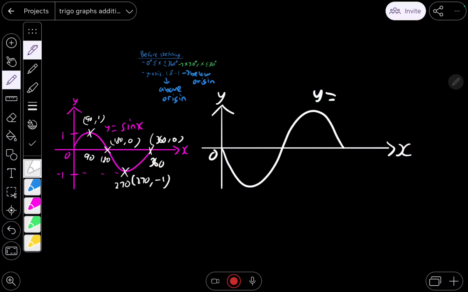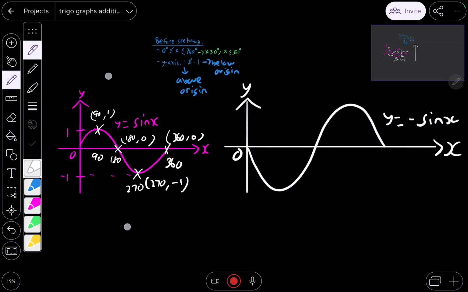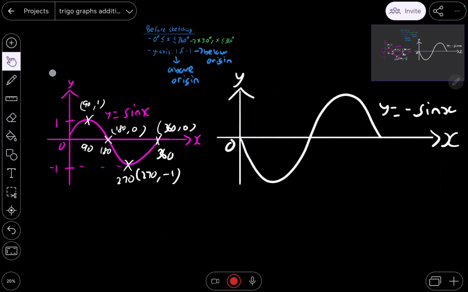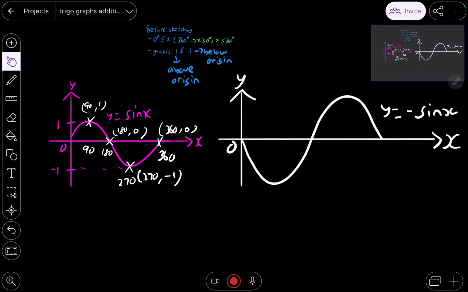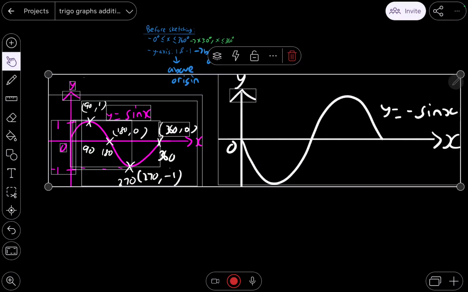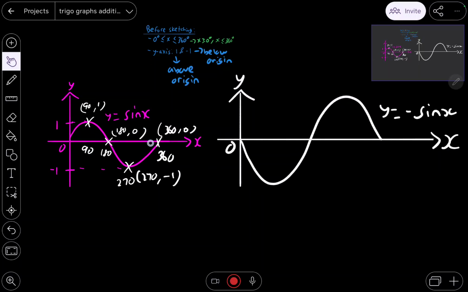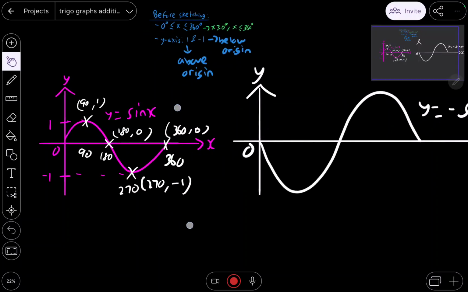All right, y equals negative sine x. Actually, I want to write it at the side here because I want to plot my coordinates. You notice that it's just a mirror image. I'll just sketch it on here.